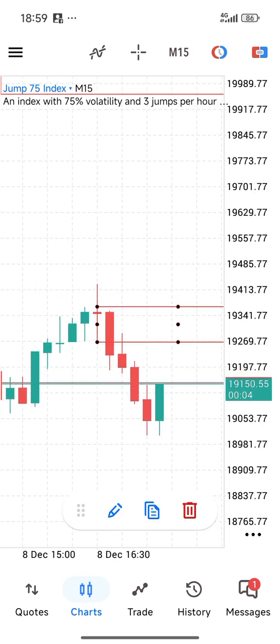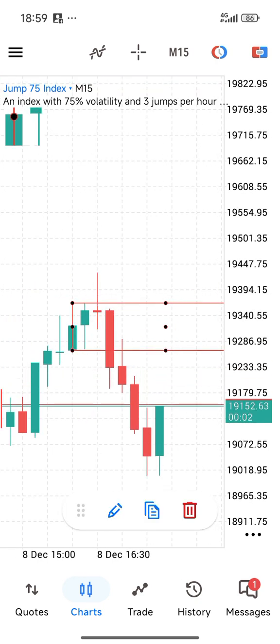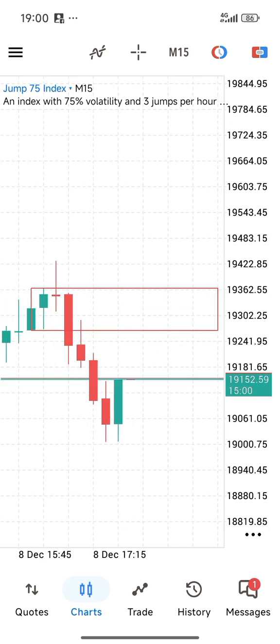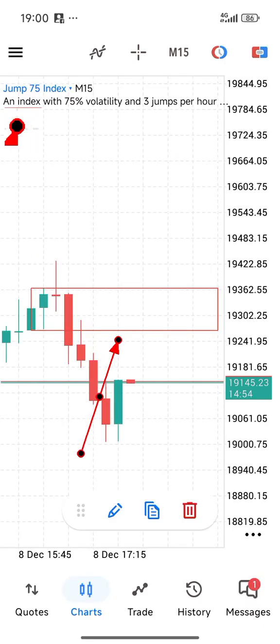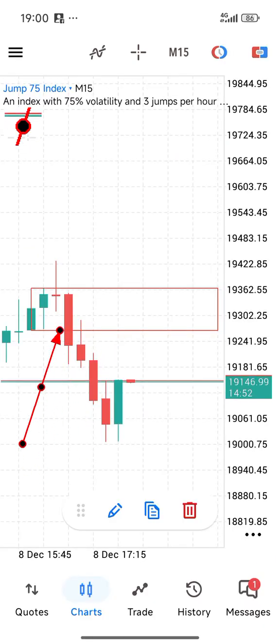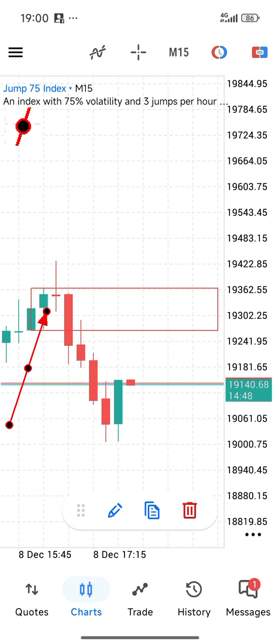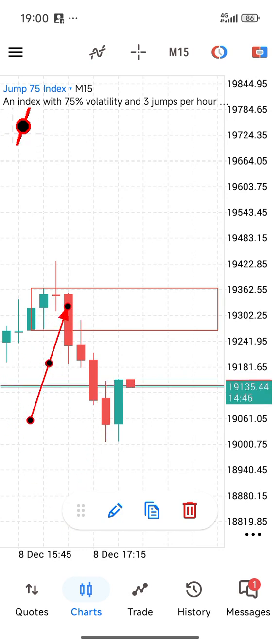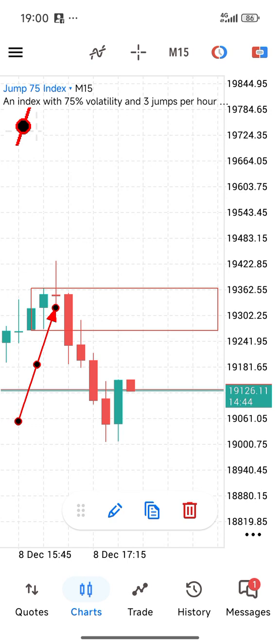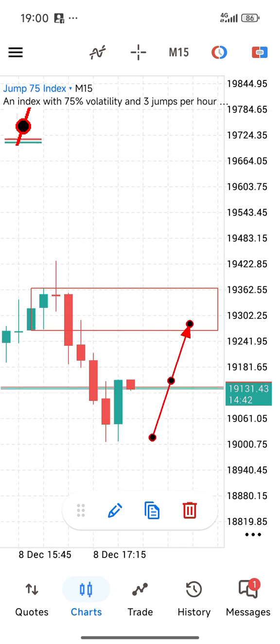Because this is the last bullish candle after the bearish move, when the market took this sell. The last candle that was bullish, like the other color, is what we'll highlight and use for our POI.